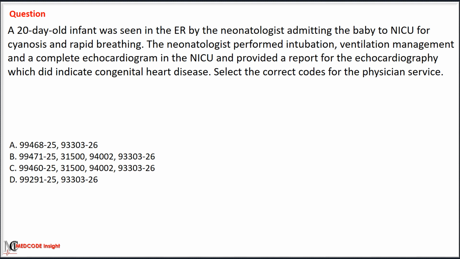Option C with the code 99460 along with modifier 25, 31500, 94002, 93303 along with modifier 26. Option D with the code 99291 along with modifier 25, 93303 along with modifier 26.